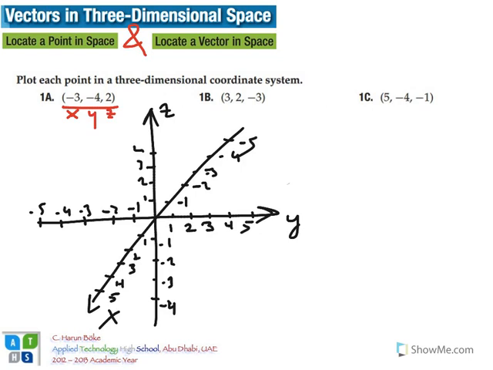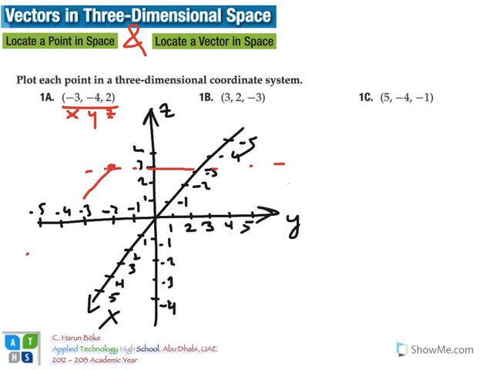Now, first go through x and y, because it's the horizontal plane, so we can figure it out. Like x being minus 3, it will be on this line, and y, no, sorry, this is y. X being minus 3 is here, y is minus 4 is here.